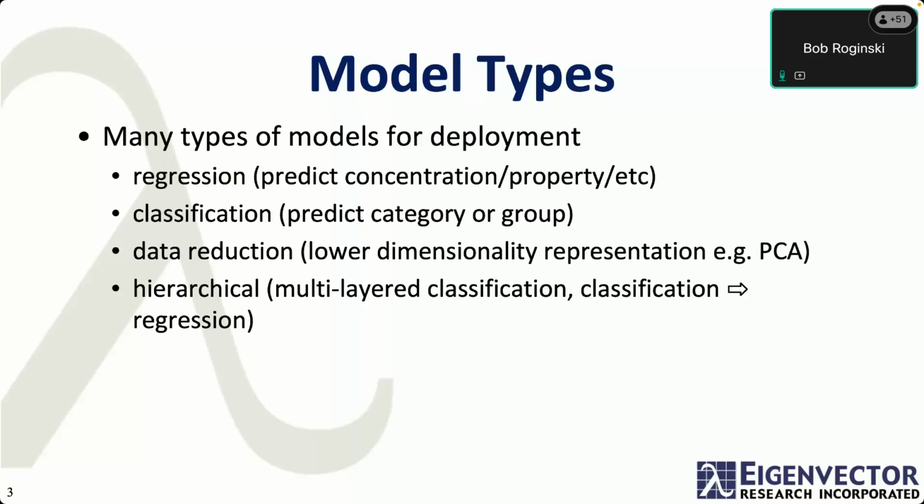And then you can have a model construct that is a combination, for example, a hierarchical model. It may be the case where, if you're trying to build a classification model and there are many different classes or groups, doing it all in one fell swoop might be too challenging for your classification algorithms.